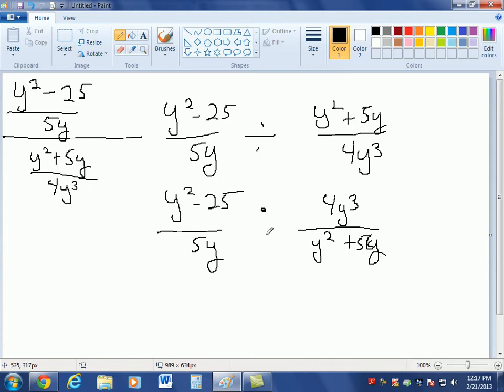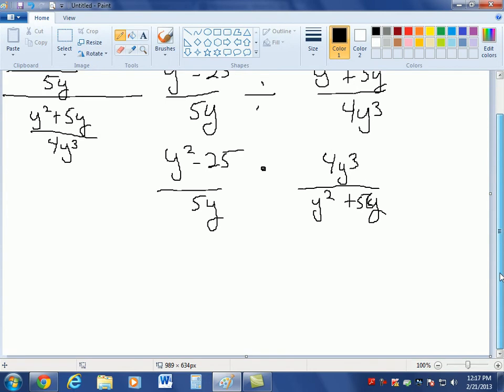Now, usually this is the point where we cancel, right? But to cancel, what do we have to do first? To understand what we can cancel and what we can't, what have we got to do first in this problem that not all the other problems had? Factoring, yeah. We've got to re-express, so y squared minus 25 becomes what? y plus 5 times y minus 5.